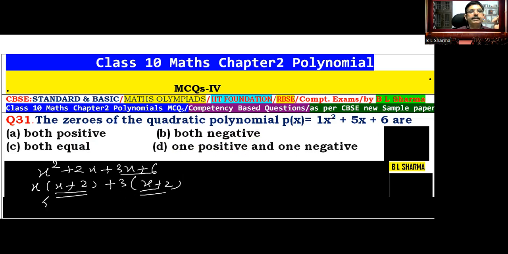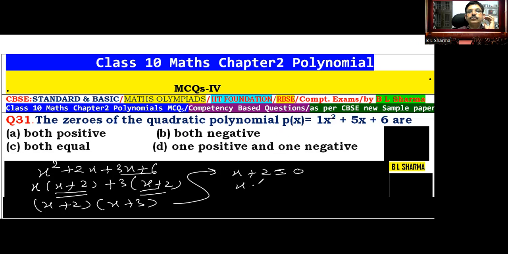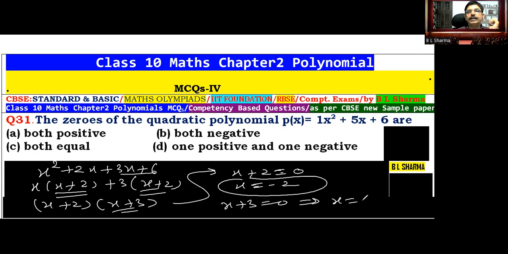Again taking x plus 2 common, we get (x plus 2)(x plus 3). Putting each factor equal to 0: x plus 2 equals 0, so x is equal to minus 2. So one zero is negative 2. Now the second factor, x plus 3 equals 0, so x is equal to minus 3.